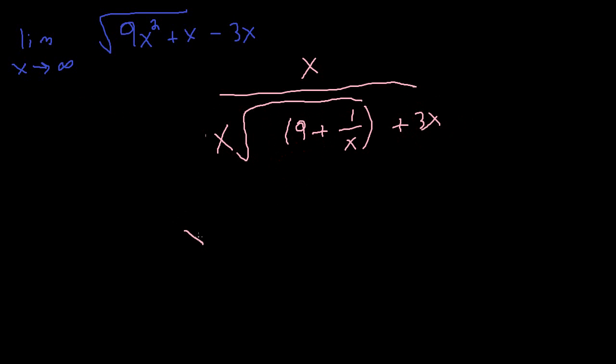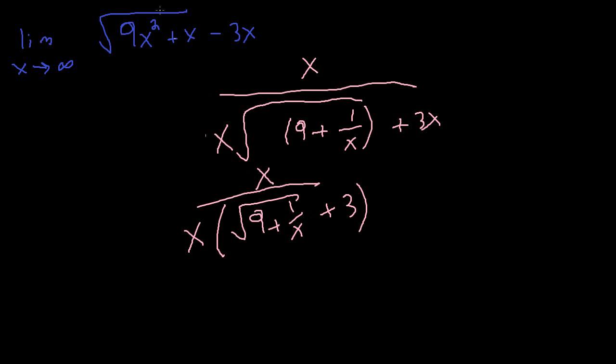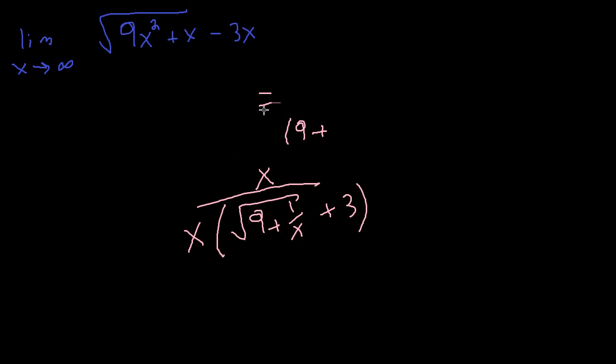So if I factor out the x, it'll be x, then bracket the square root of 9 add 1 over x, then just plus 3 because I factored out the x. And then we have an x on top, of course. I keep erasing stuff, but basically you can always pause the video and see how I came to that conclusion.